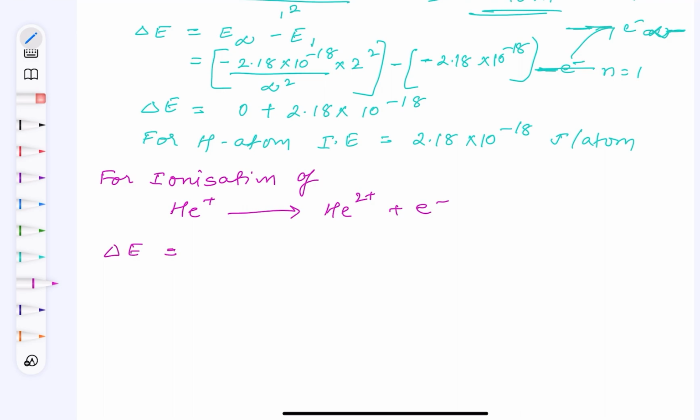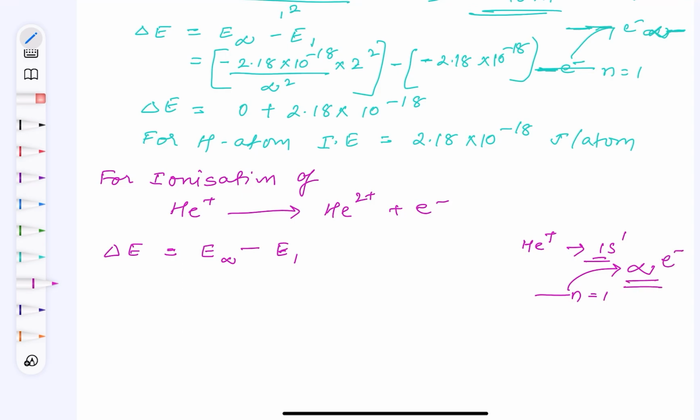Here also you will subtract the energy level 1 from energy level infinity, because helium has plus 1. The electron here is 1s1, it is in the first orbit itself, and that's why we take minus 1. So the electron from the first orbit will be going to your infinity level. So the change in the energy will be the ionization energy required to excite this electron to infinity level.